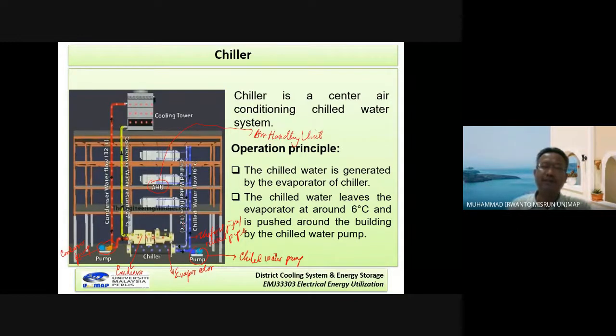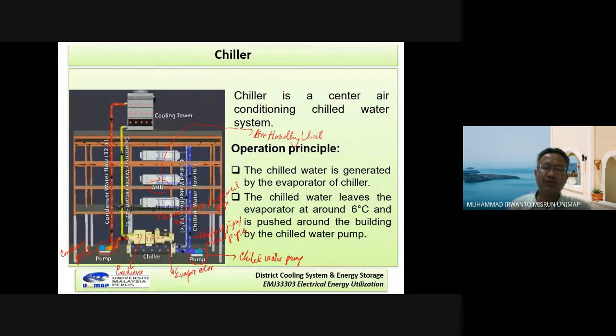It flows through this pipe, which we can call the return pipe, and then enters the evaporator again.